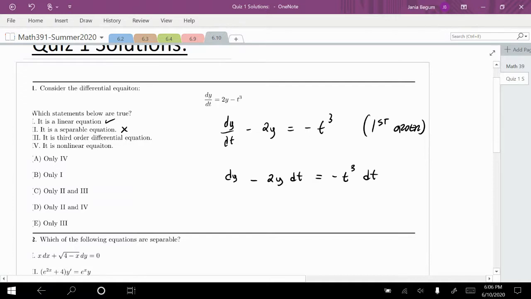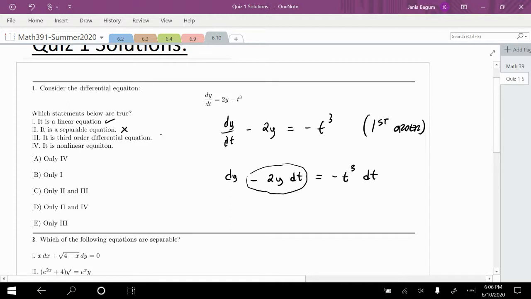Now, this is the problem. How do we separate this? We can't. We have y with dt, so there's no way we can isolate a function of t with dt and a function of y with dy. That's why it's not separable. I hope that makes sense.